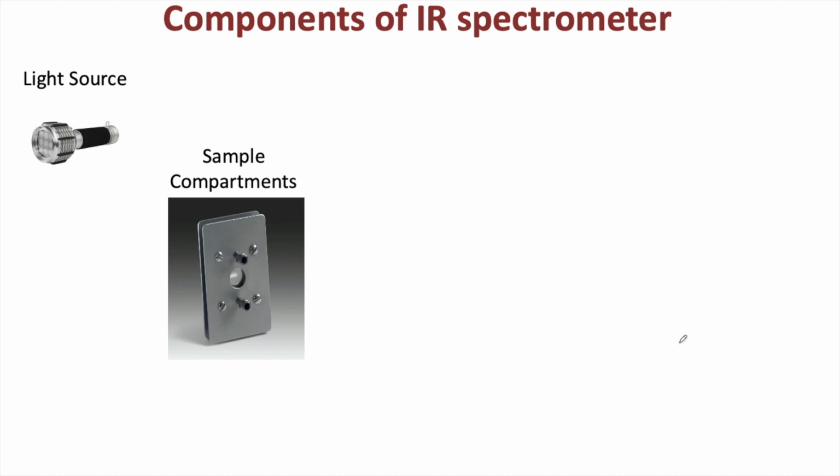Within the sample compartment, there are two cells. One is known as the sample cell and the other is known as the reference cell. Third is the chopper, which is basically rotating all the time, and it has two sections. One is known as the black section and the other is known as the transparent section.